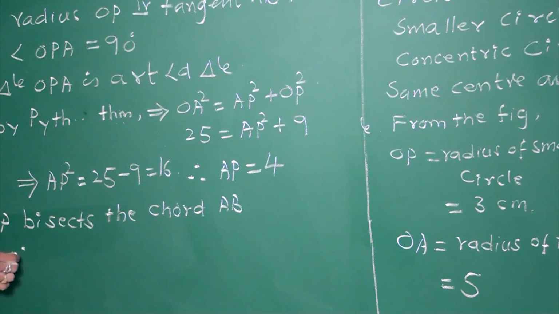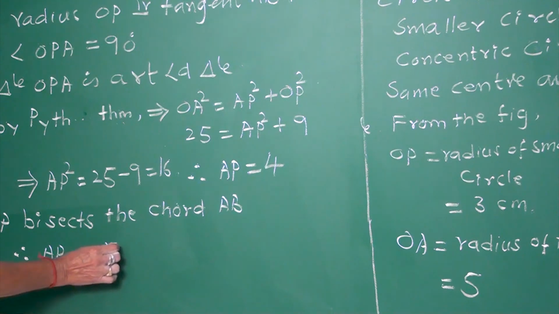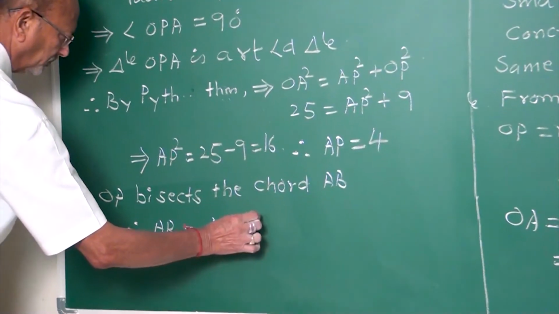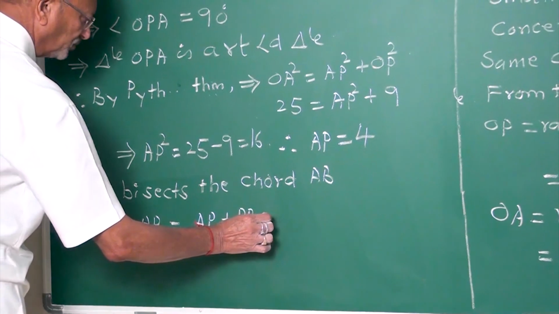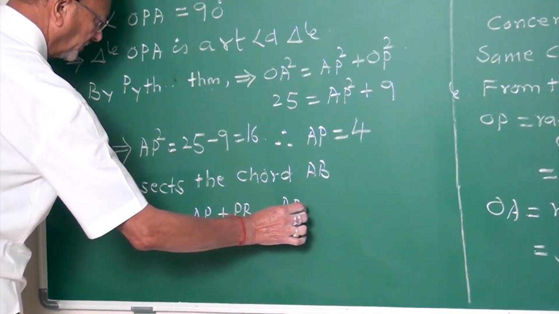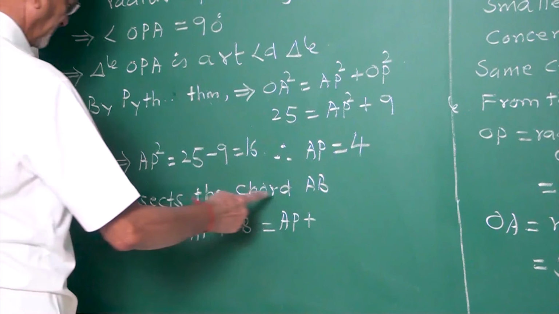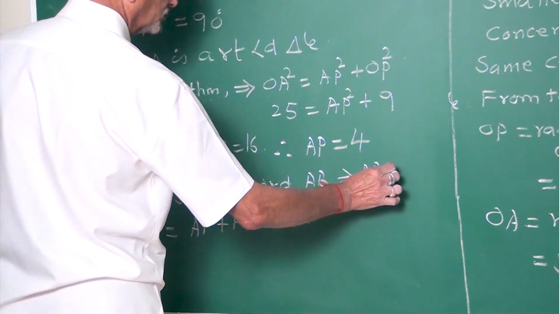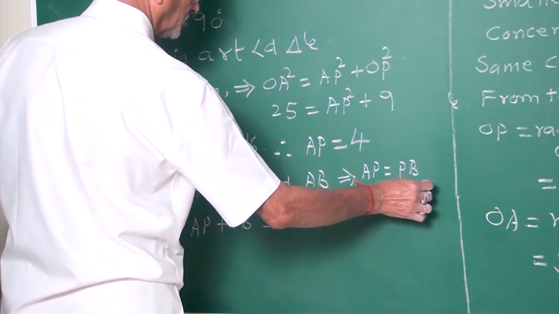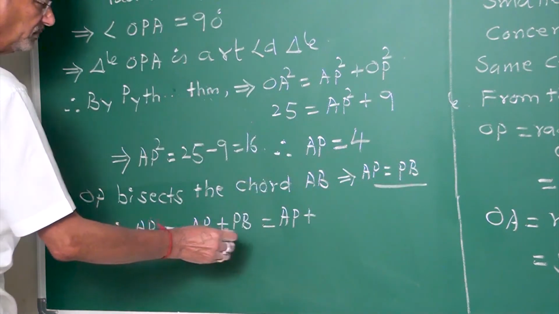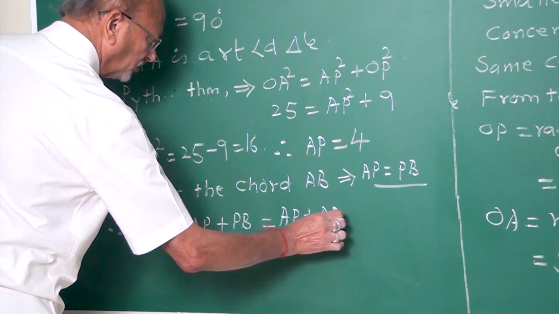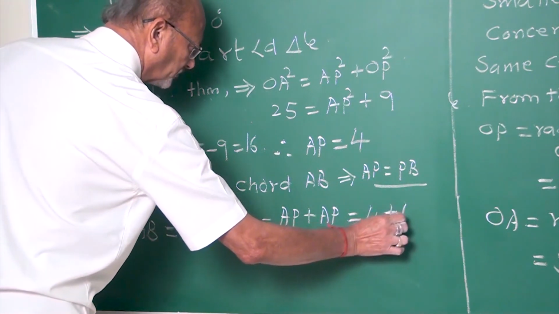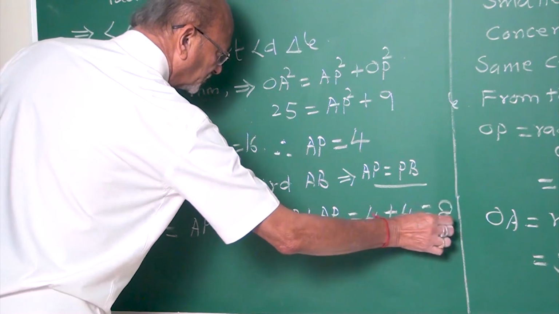Therefore, AB equal to AP plus PB. Bisects means AP equal to PB, they are equal. Therefore, put the value of PB as AP, which is 4 plus 4. 4 plus 4 is 8.